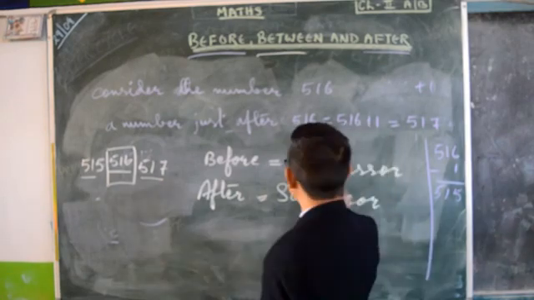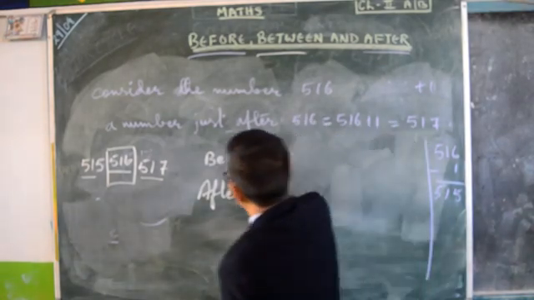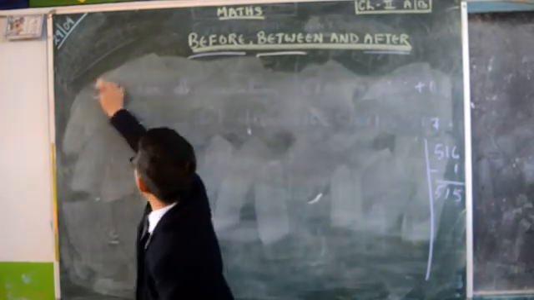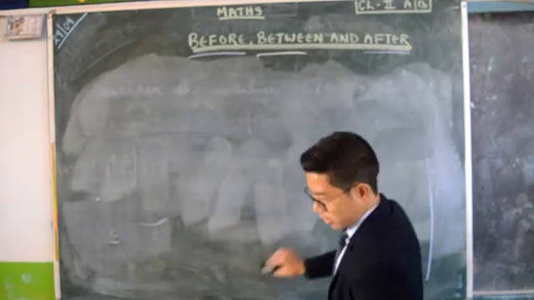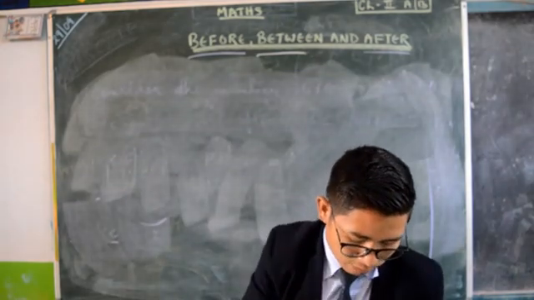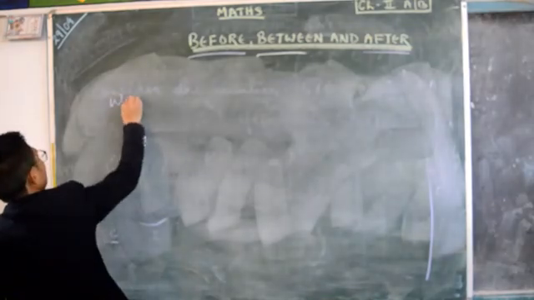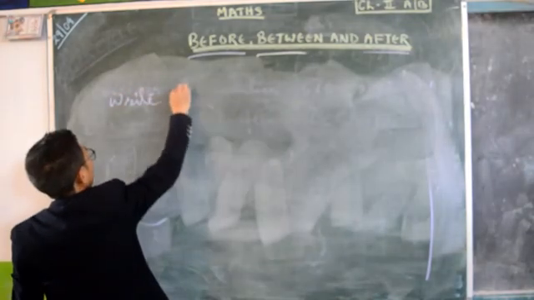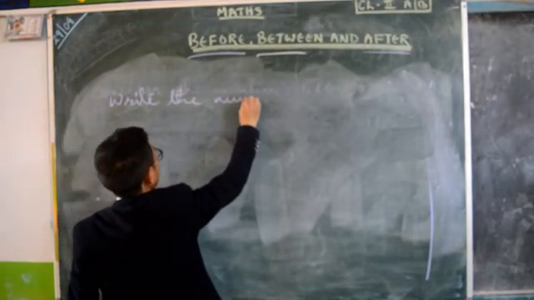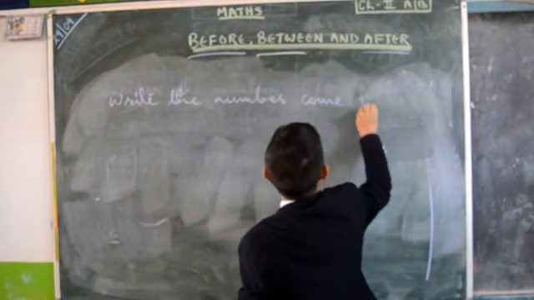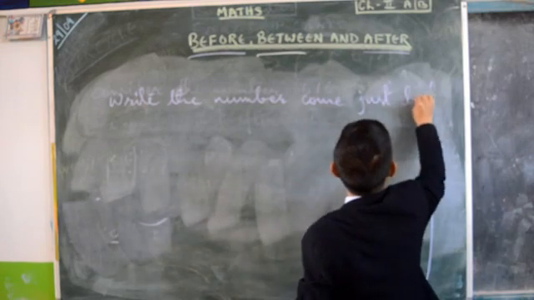The questions are, write the numbers which come just before.